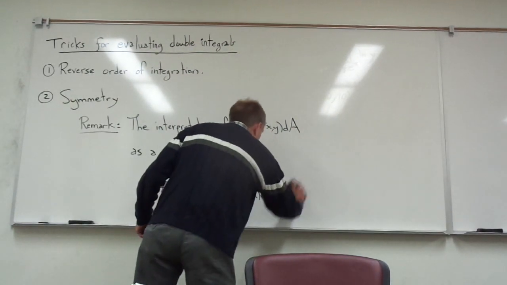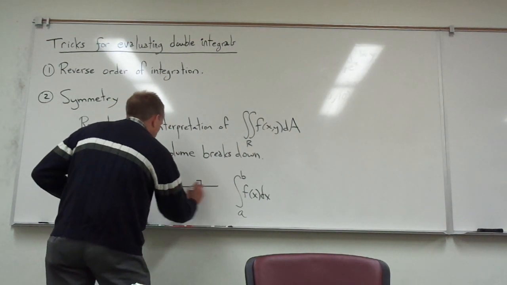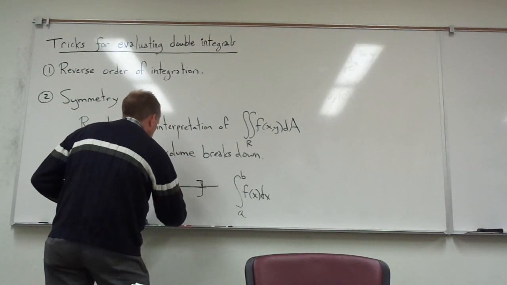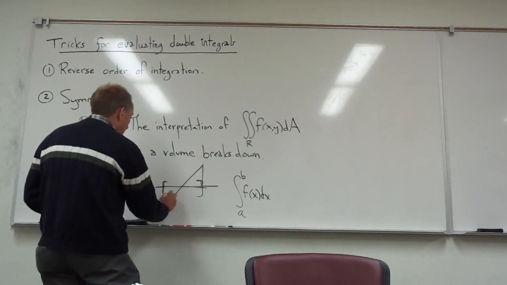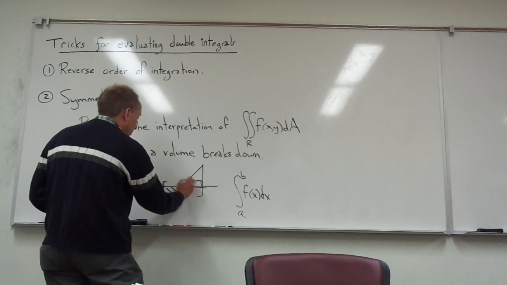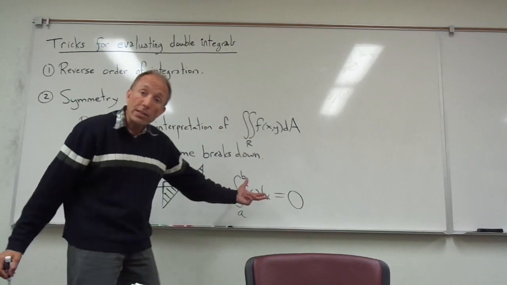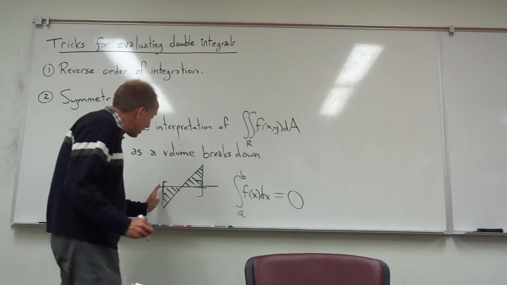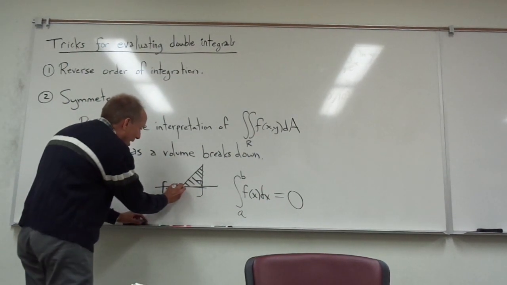Or maybe it's something like this. What if your function looks like this? Looks just like that. Now, if you do this integral, the integral is just going to cancel out to 0 because you're going to get a negative contribution here up until the graph crosses the x-axis.